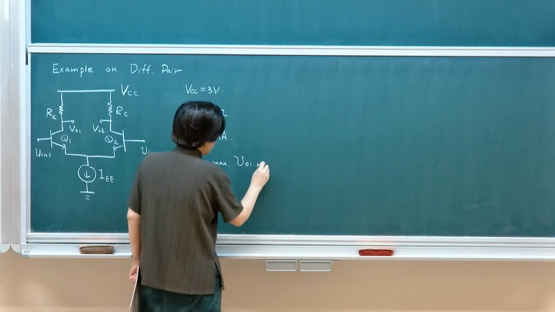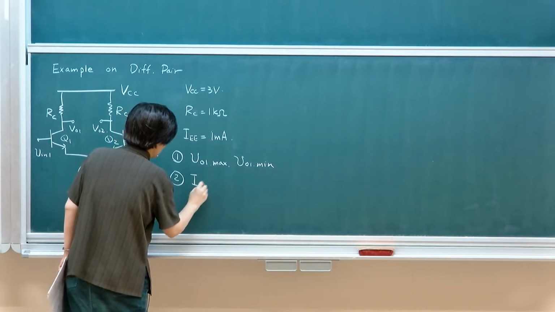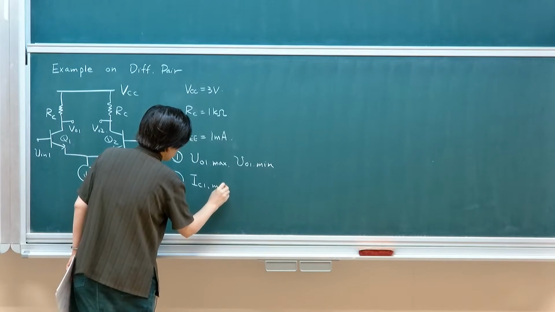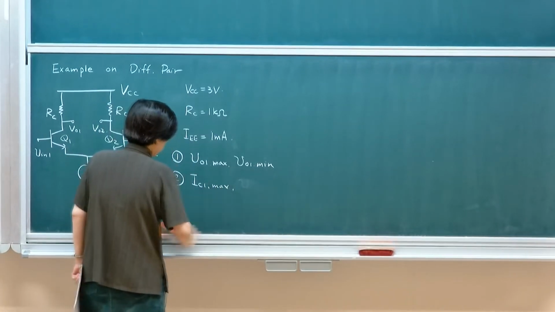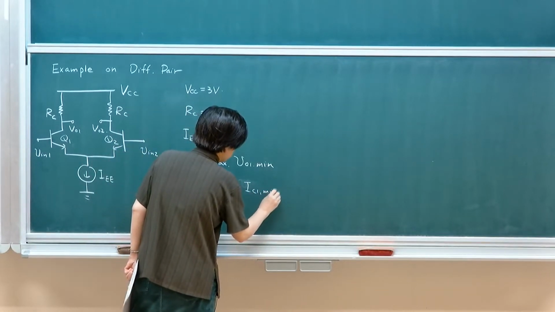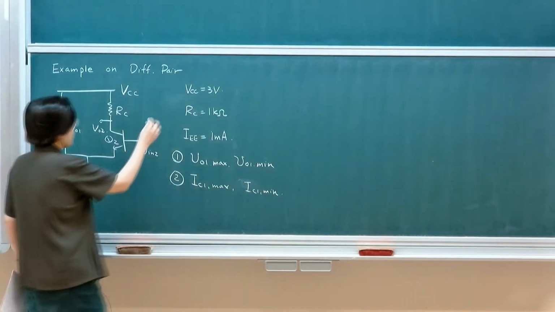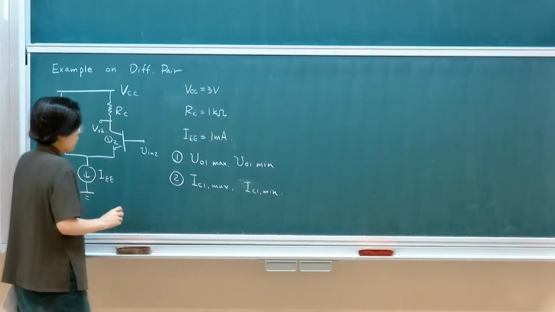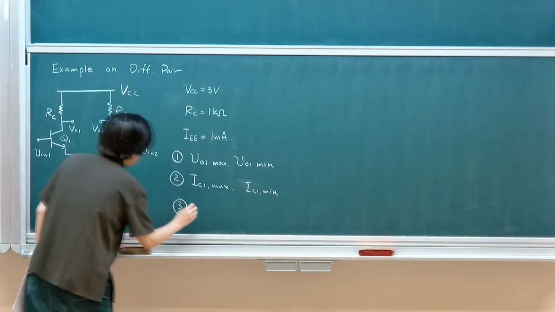And the other thing is IC1 max, what are the boundaries, and IC1 minimum. This is the first case. The last thing is that we want to know our maximum VL.